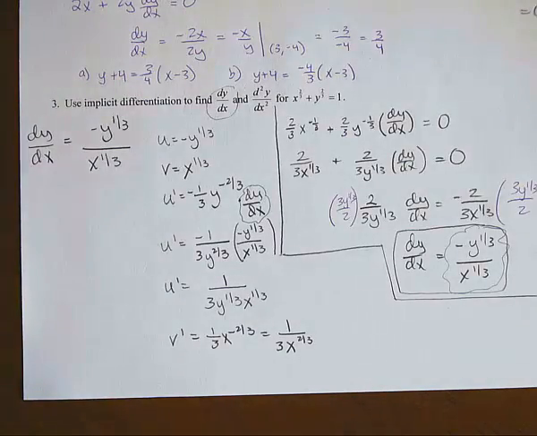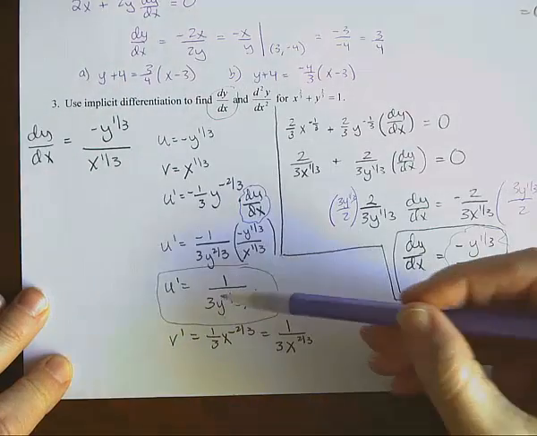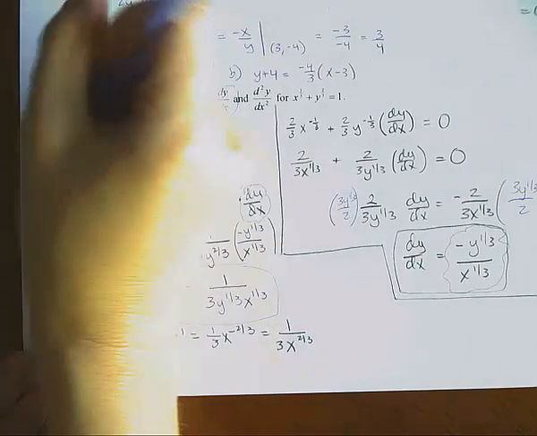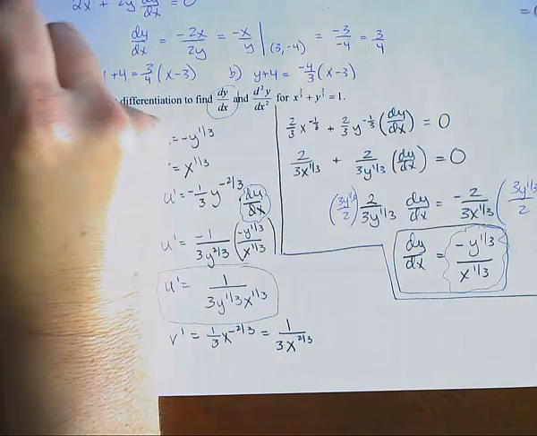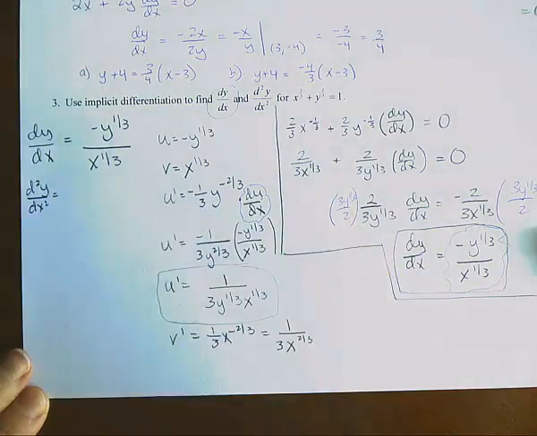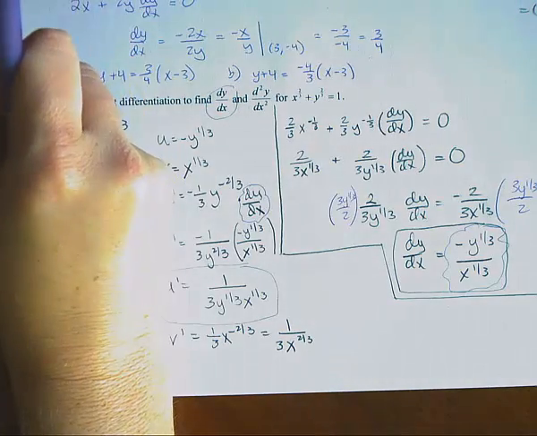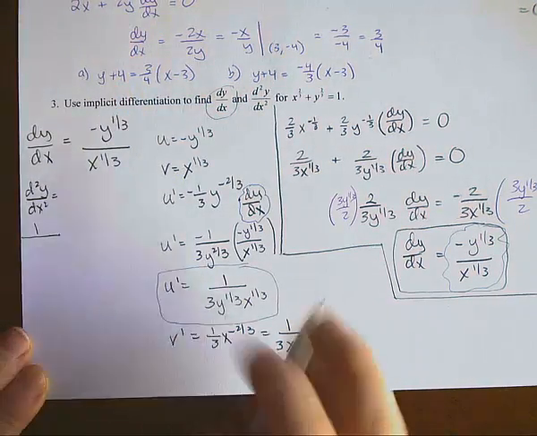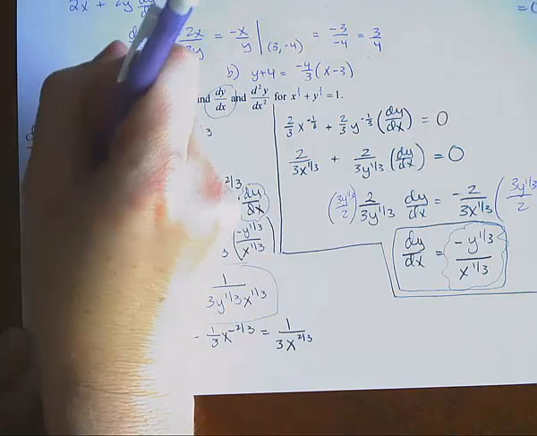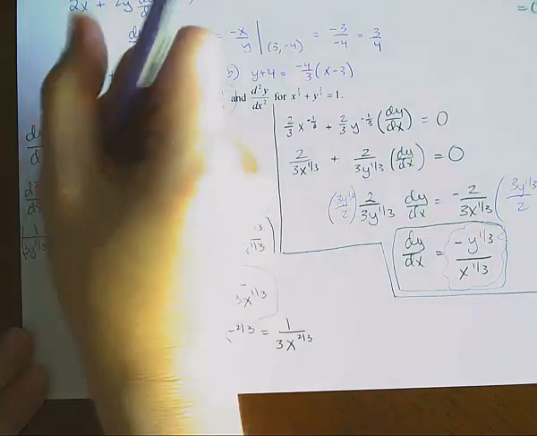Okay, so now I'm going to use this for u prime. U prime v minus v prime u all over v squared. So d2y over dx squared is equal to u prime v. So that's, let me write it down here, 1 over 3y to the 1/3 x to the 1/3. That's u prime, times v, which is x to the 1/3.